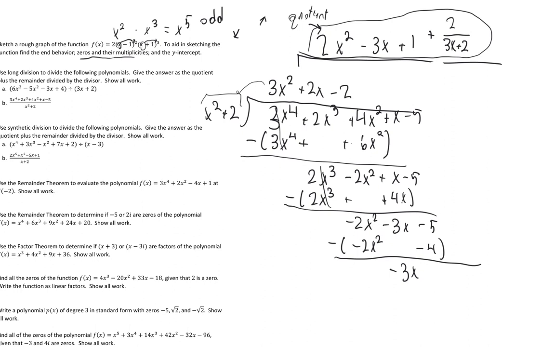So it's going to be minus 5 when we distribute these. Minus 5 plus 4, so it's going to be minus 1. So it's going to be 3x squared plus 2x minus 2 plus minus 3x minus 1 over x squared plus 2, because that's our remainder over our divisor, and that's our quotient out front. And that is the answer.